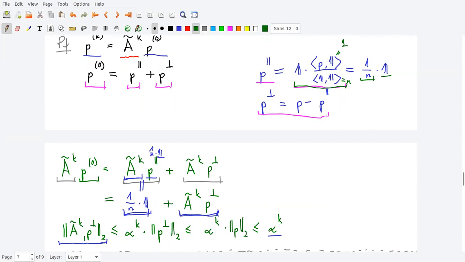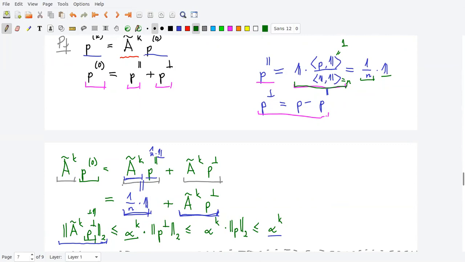p perpendicular is in the subspace orthogonal to all ones. And the normalized A acts on this subspace by contracting every vector by a factor of at most alpha, because alpha was our bound on the eigenvalues within the subspace perpendicular to all ones.